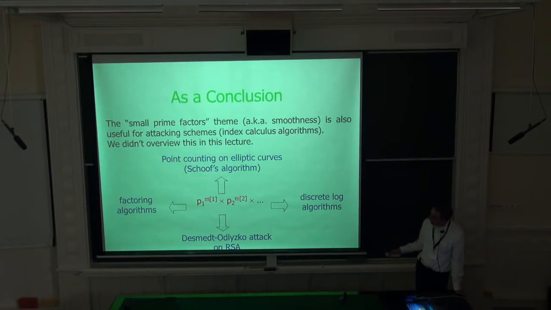Point counting on elliptic curves, and very interestingly, a very beautiful attack on RSA signatures, which is due to De Jonge and Chaum, published in the 80s, where by doing algebra on the exponent vectors, they managed to forge RSA signatures.